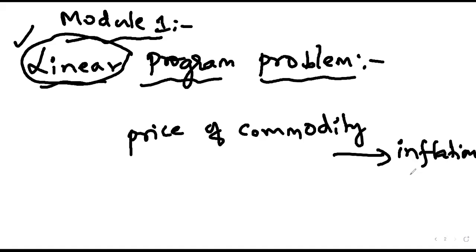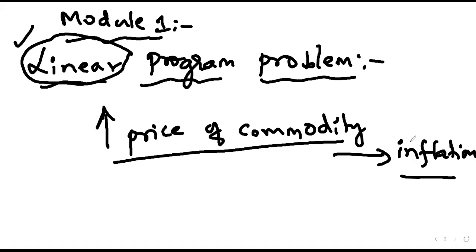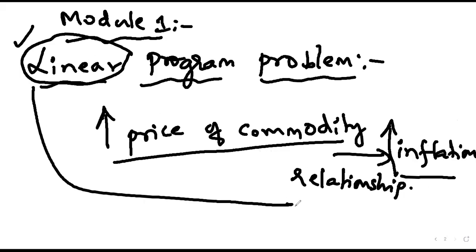Inflation is dependent on the price: as the price of a particular product increases, inflation also tends to increase. There is a relationship between the dependent and the independent variable. Here we assume that this relationship is always linear. That is the assumption.